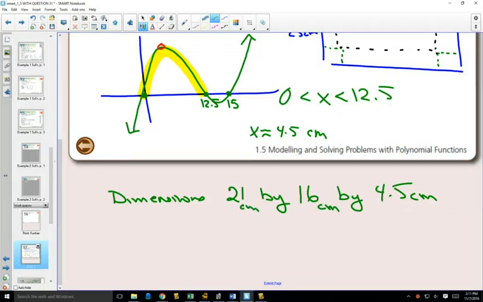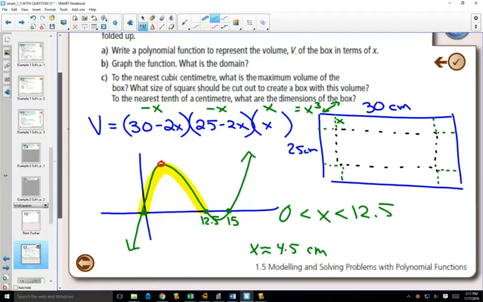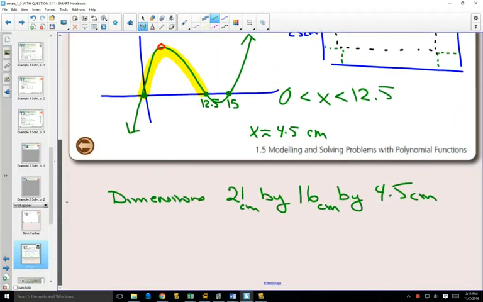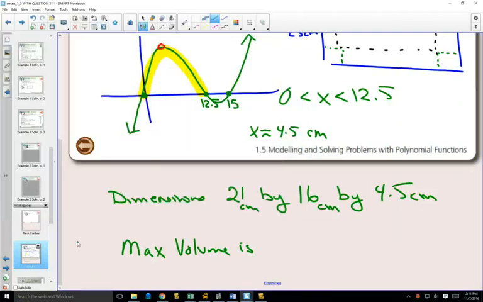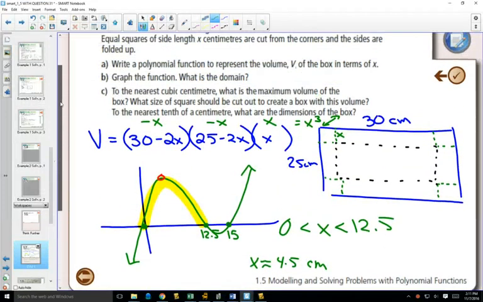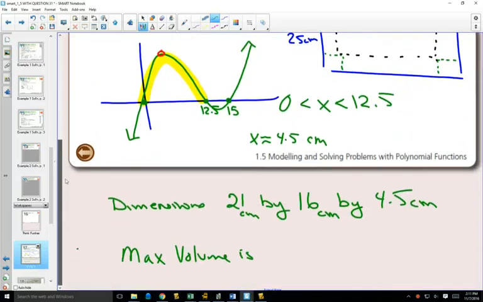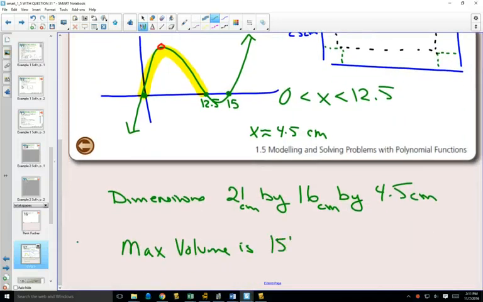Did it ask for the maximum volume? So we need to say that our max volume is, go back to our calculator, 1512. Does it say to the nearest cubic centimeter? 1512 centimeters cubed.